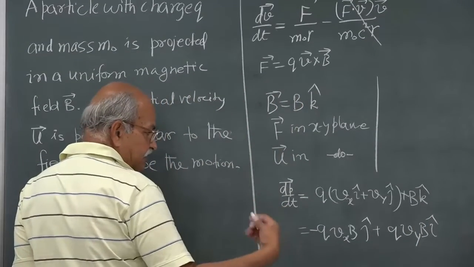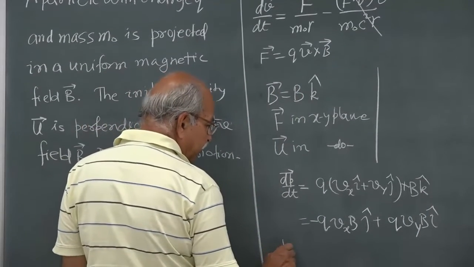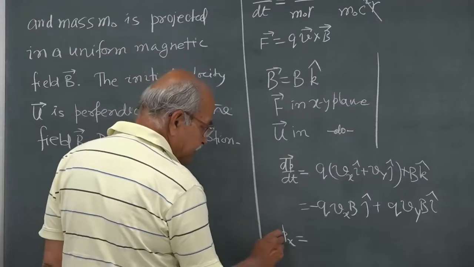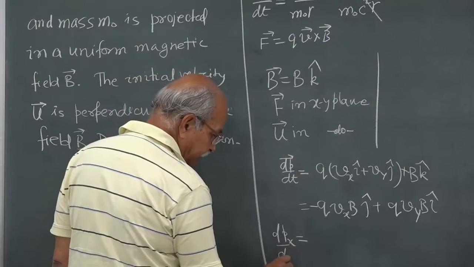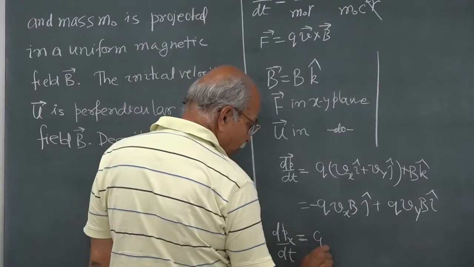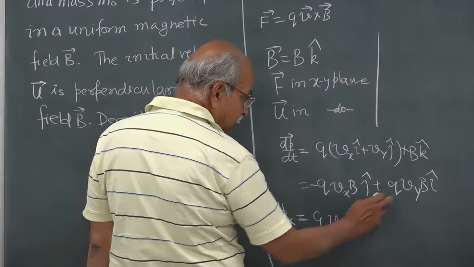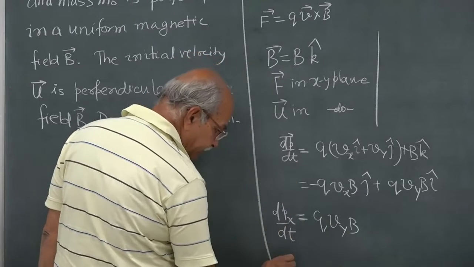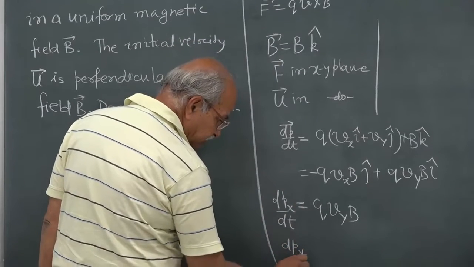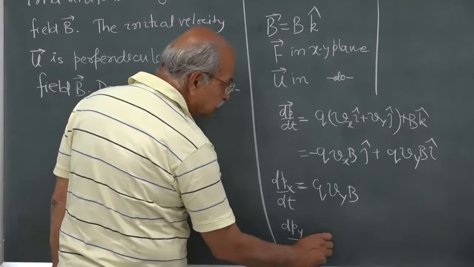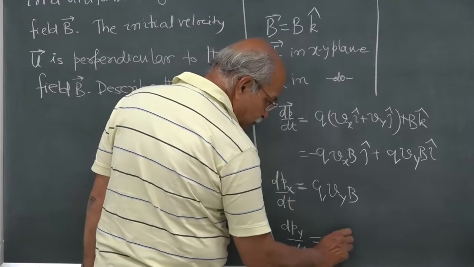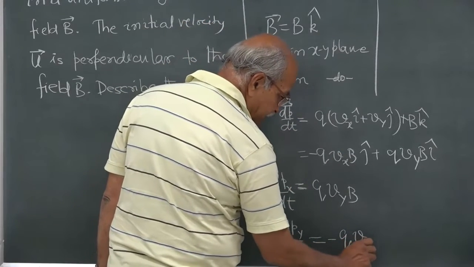If I take x and y components, dpx dt is equal to q Vy B, and dpy dt will be the j component, that is minus q Vx B.